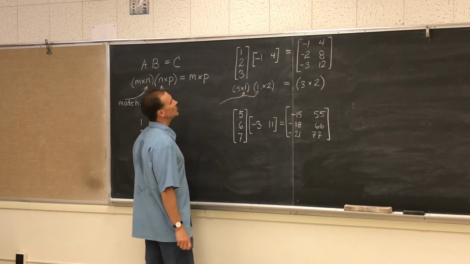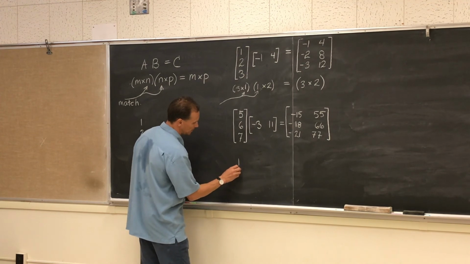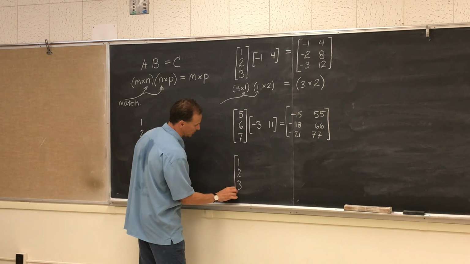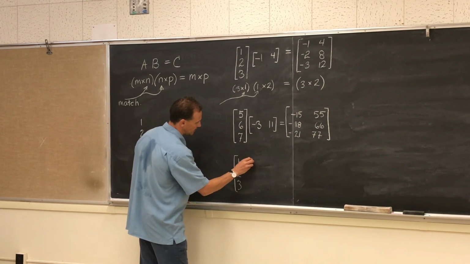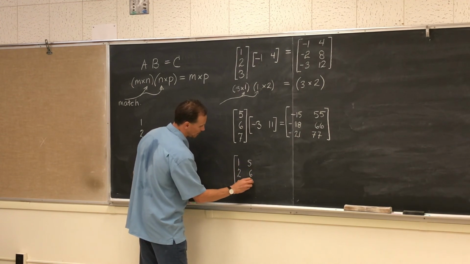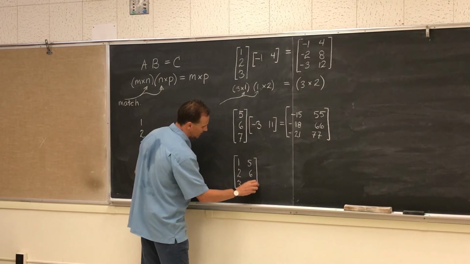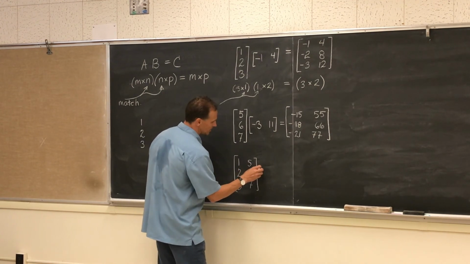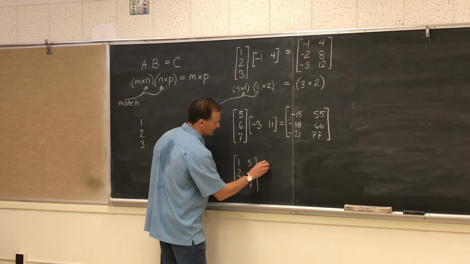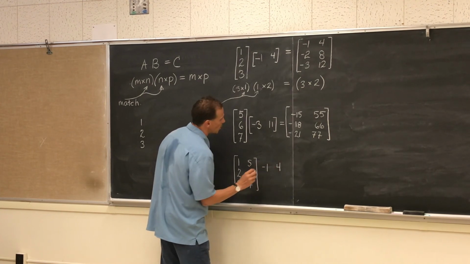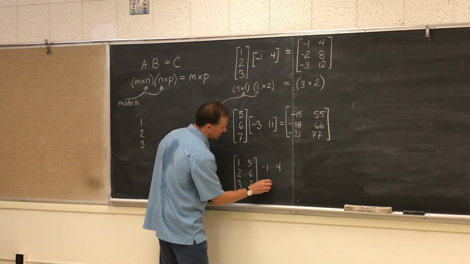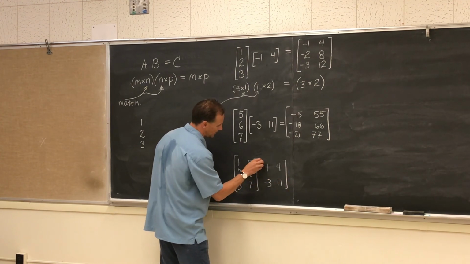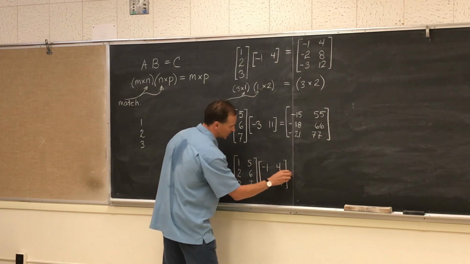What if I gave you the matrix of 1, 2, 3 in the first column, 5, 6, 7 in the second column, times the matrix of -1, 4, -3, 11. Okay.